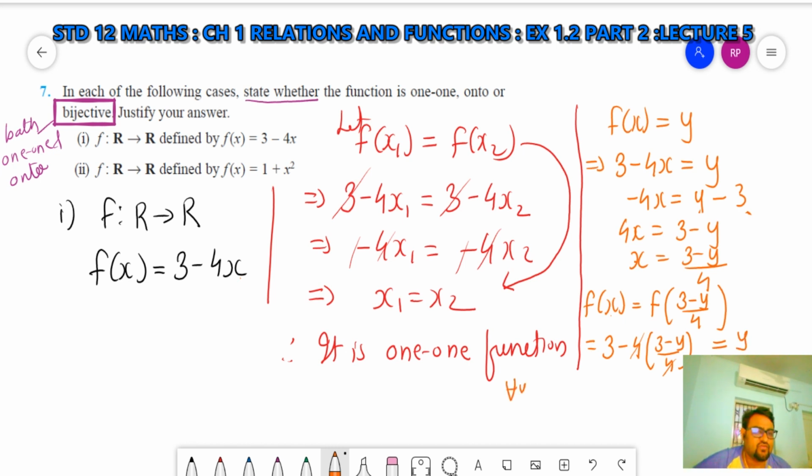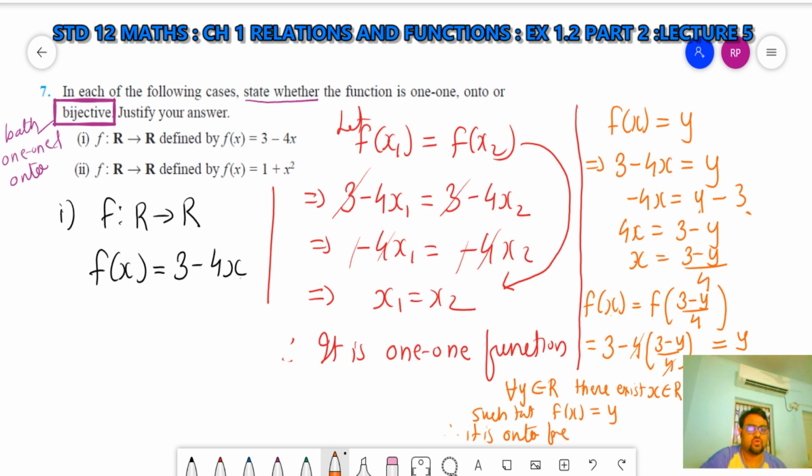For every y belonging to the codomain, that is R, there exists x belonging to the domain such that f(x) equal to y.